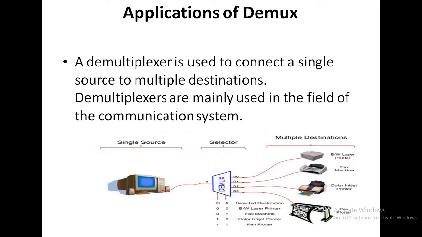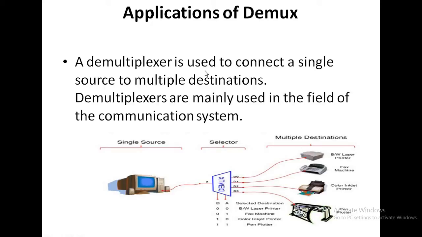Okay. And these are the different applications of DMUX. One single source line is there, and from this one single source line, by applying a demultiplexer, I can connect one laser printer, one fax machine, one printer, and one plotter. Okay, by applying the demultiplexer, from this single source line, many output devices are connected.